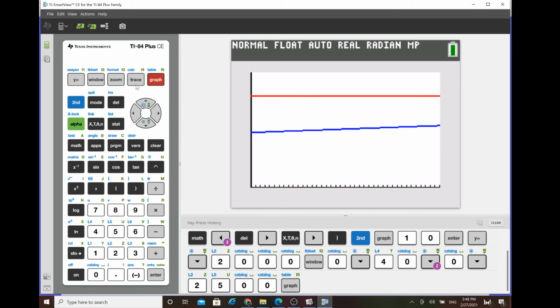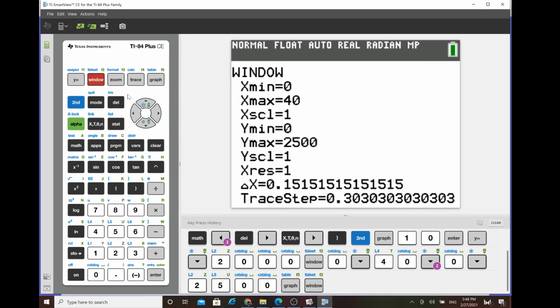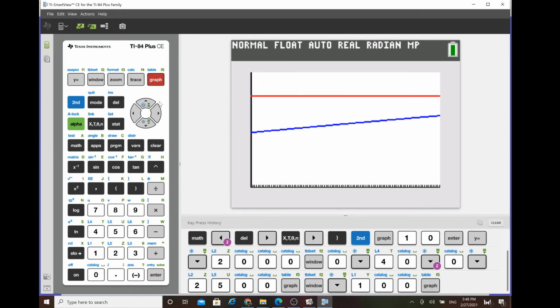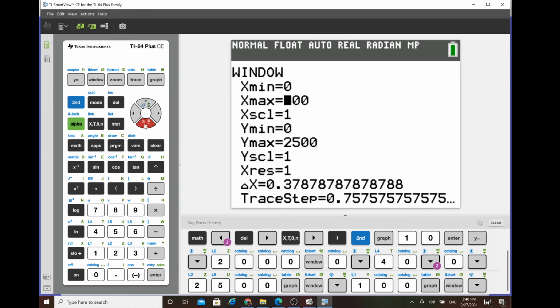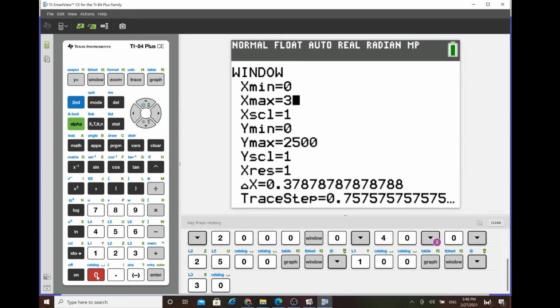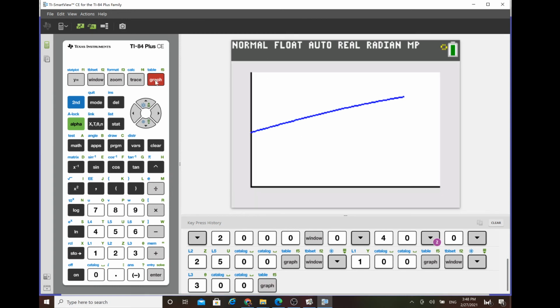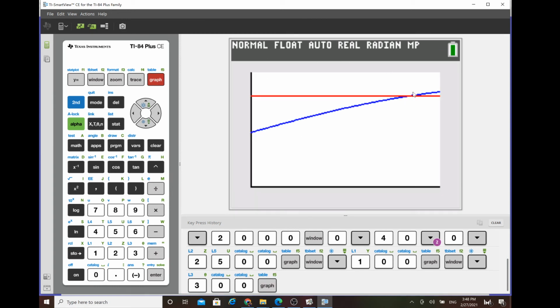So we can change the window, besides 0 to 40, let's change that to 0 to 100 and see what happens. It's getting close. Let's keep going, window, let's say 300 maybe. Eventually they're going to intersect.